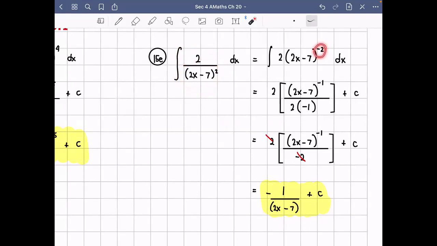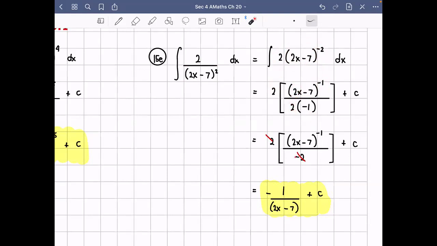And then what do we do next? You have 2 here, so just set aside 2, and then let's integrate this. So 2x minus 7 is this, and then this is negative 1. It came from negative 2 plus 1. Again, if this is negative 1, this is also negative 1. But since it's an index, you need to consider this coefficient here.